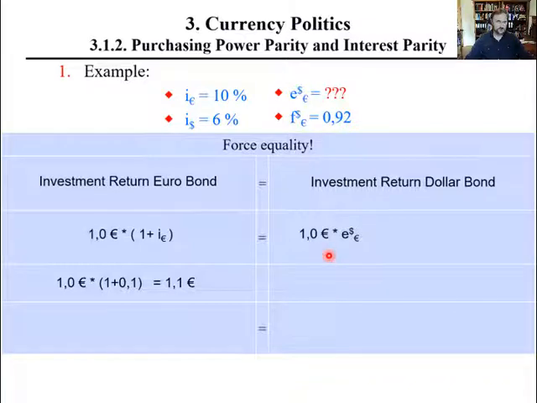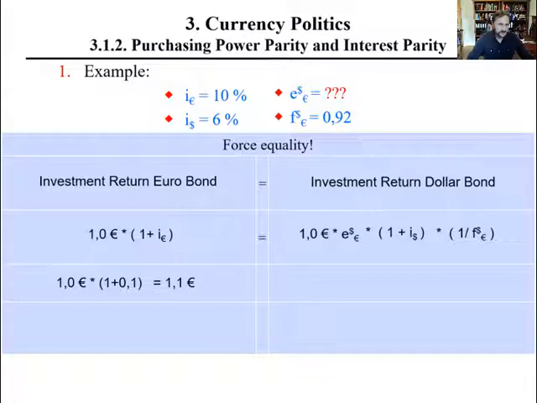We exchange our euros into dollar given the unknown spot exchange rate. Then we calculate the dollar return from this investment, and then we exchange this dollar return back into euro with the help of the forward exchange rate.